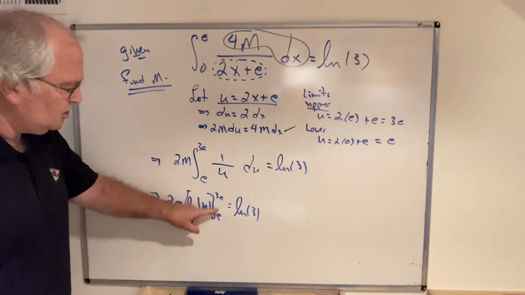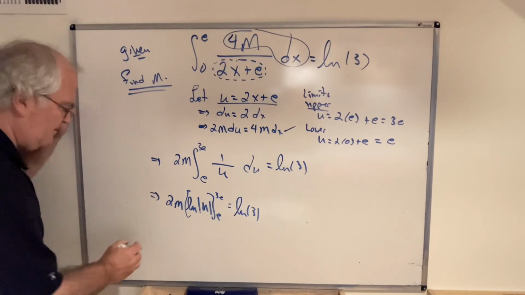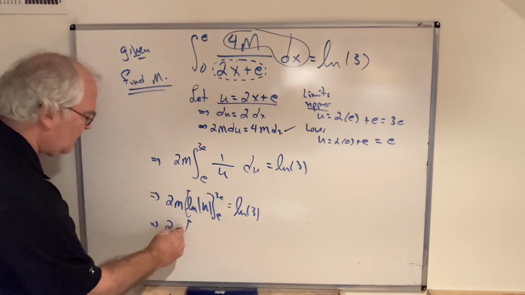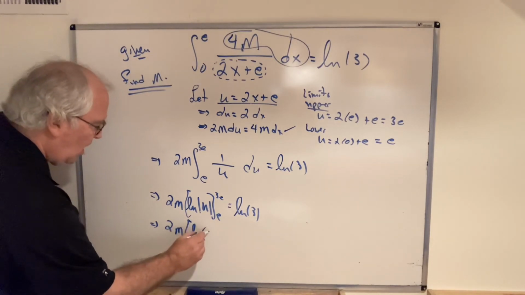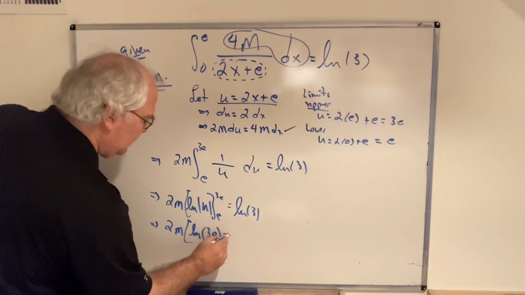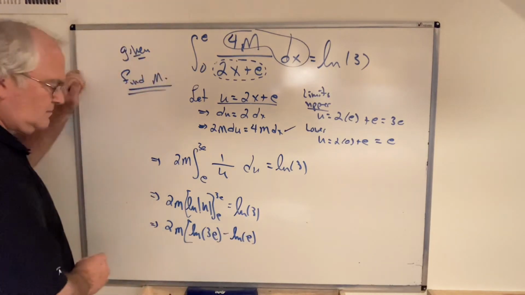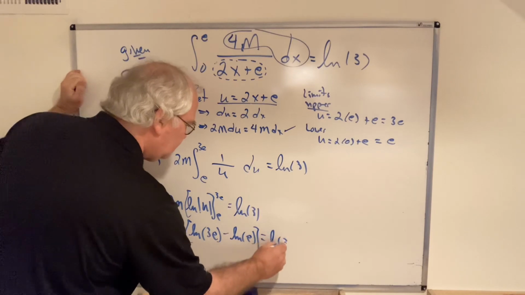Because these expressions are positive, the absolute value may be suppressed. We may ignore the absolute value. So this is 2m times the natural log of 3e minus the natural log of e, and that's equal to the natural log of 3.